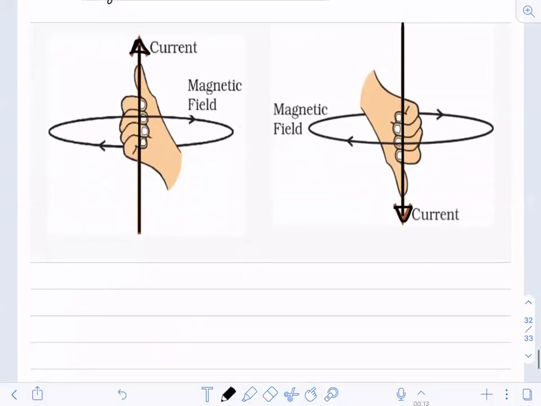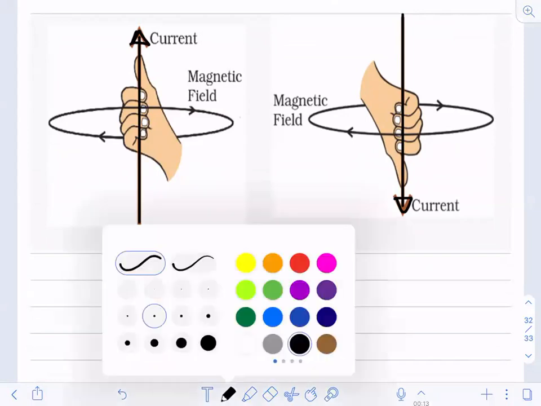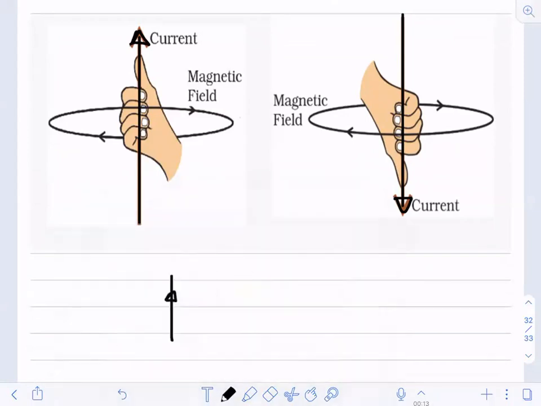So suppose this is the direction of current now. And if you see here, how will the magnetic field lines be forming? It will be like this. Yes or no?